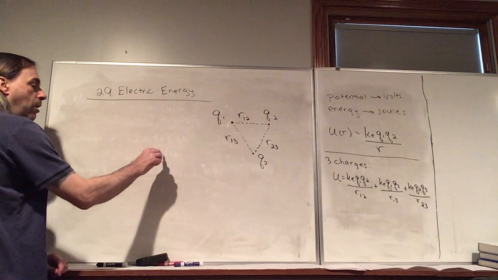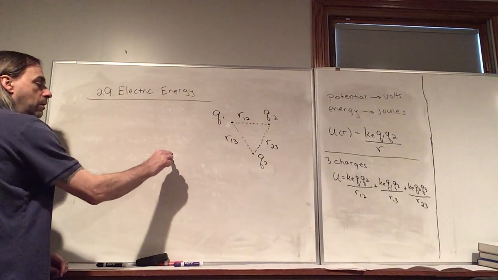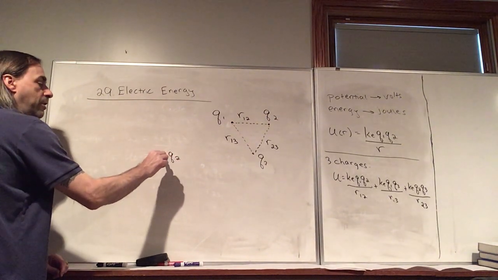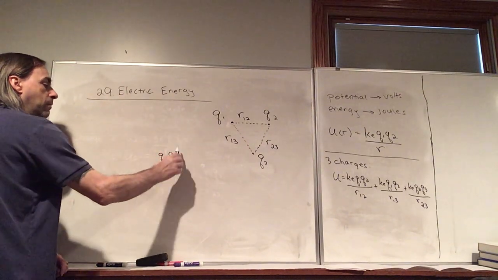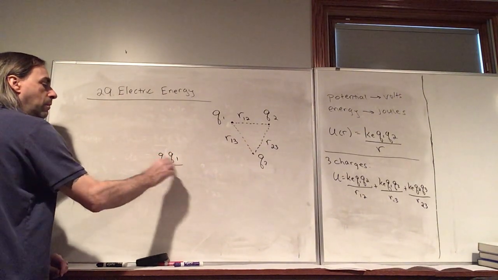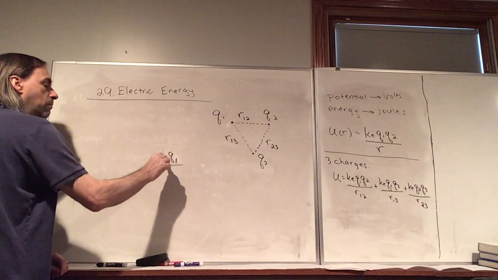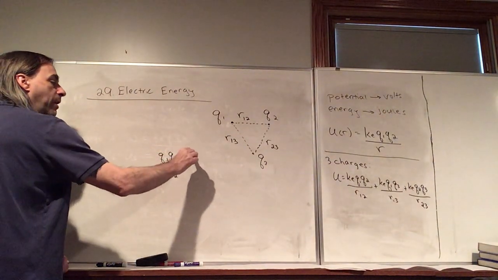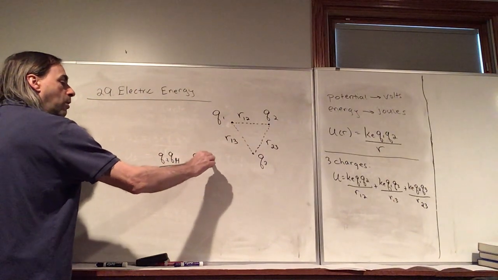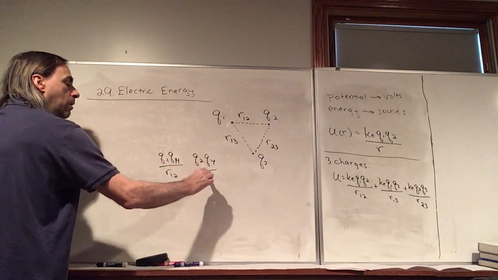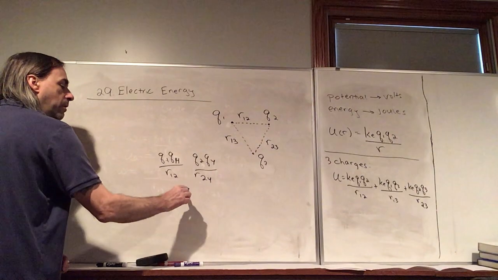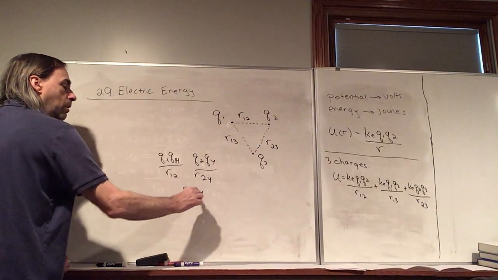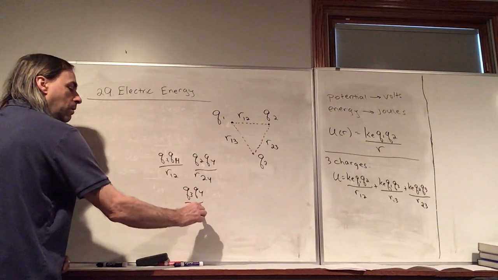We'd have Q1, Q4 over R14, and we'd have Q2, Q4 over R24, and Q3, Q4 over R34.